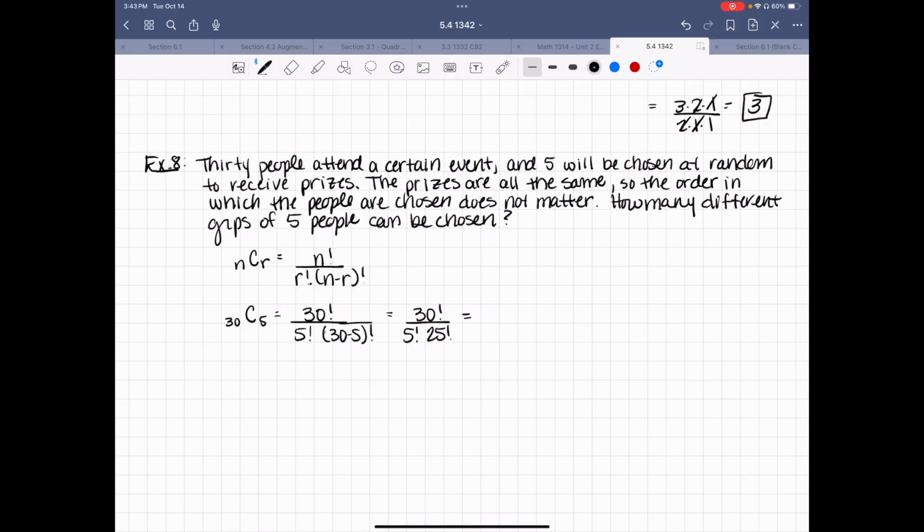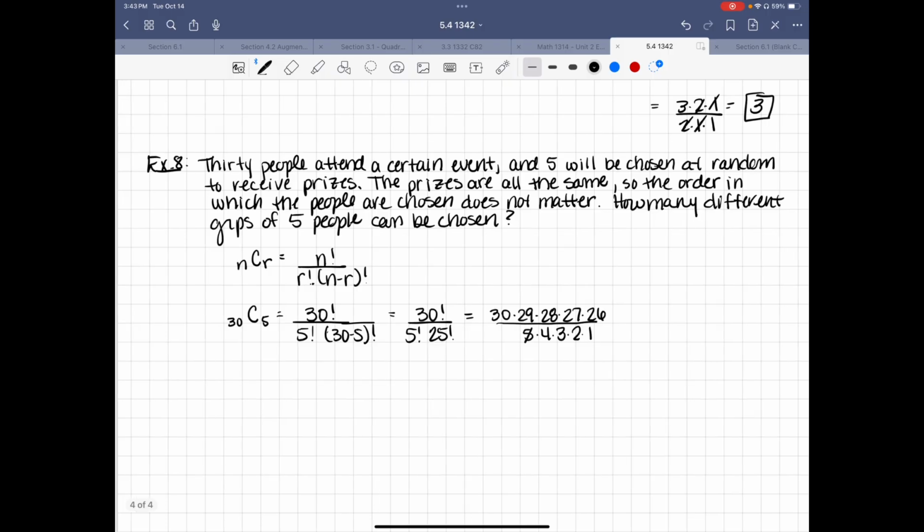Guys, when I write out 30 factorial and I write out 25 factorial, 25 down to 1 are all going to simplify down to 1. So this leaves me with 30 times 29 times 28 times 27 times 26. And then I have, of course, 5 times 4 times 3 times 2 times 1. Guys, I actually go ahead and simplify this by hand. That's a 5.